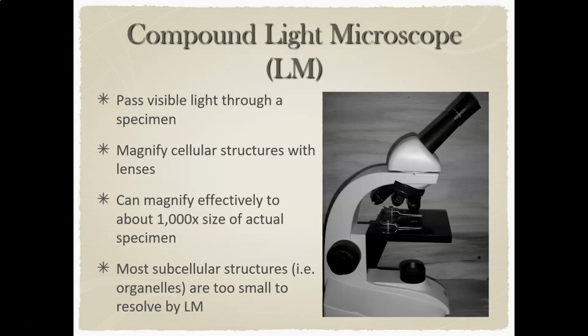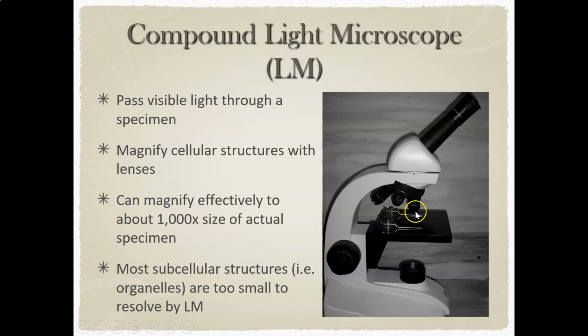So a 10x objective in that eyepiece plus a 100x objective is the top end of a light microscope. In fact, those 100x lenses are what we call oil immersion lenses, and so you can't even use a 100x objective just straight onto a slide.